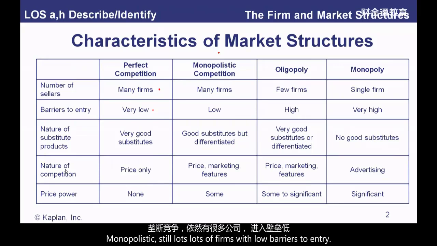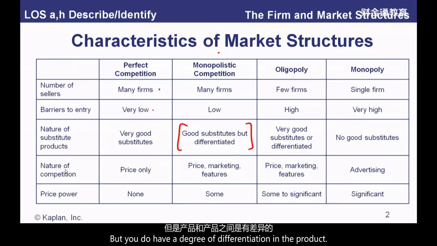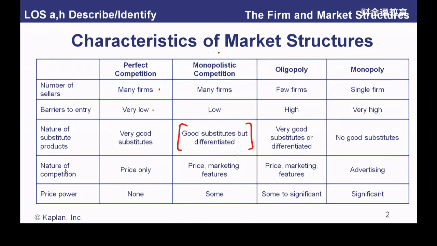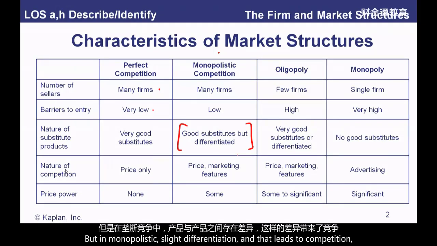Monopolistic competition: still lots and lots of firms with low barriers to entry. And this is the key. There are good substitutes around, but you do have a degree of differentiation in the product. In perfect competition, homogeneous products, all identical, but in monopolistic competition, there's slight differentiation. And that leads to competition.